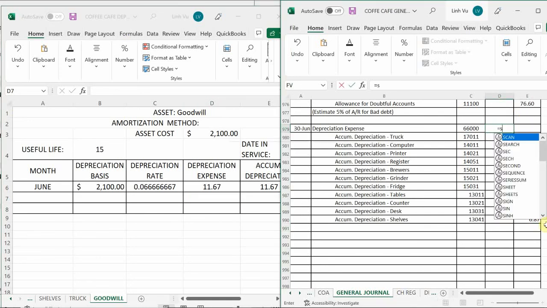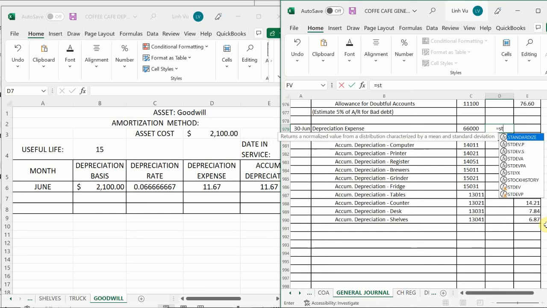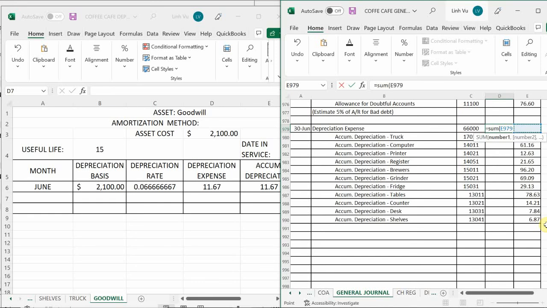And I don't have it fast enough, so somebody else can give it to you. $655.08 should be your grand total depreciation expense.